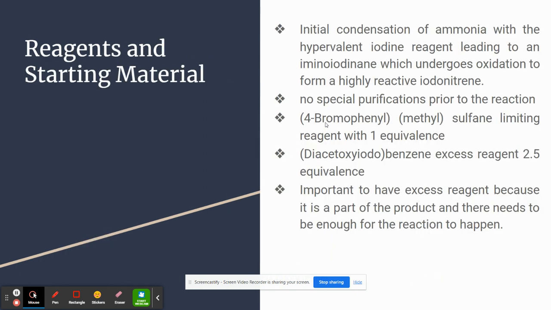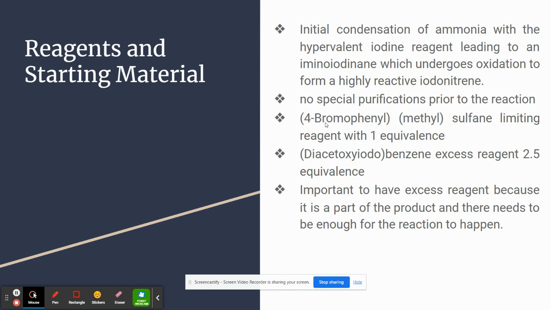So reagents and starting material. At the very beginning of the reaction, the initial condensation of ammonia with the hypervalent iodine reagent leads to an iminoiodinane, which undergoes oxidation to form a highly reactive iodonitrene.